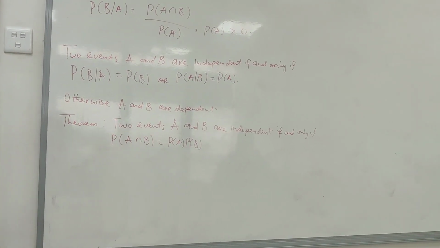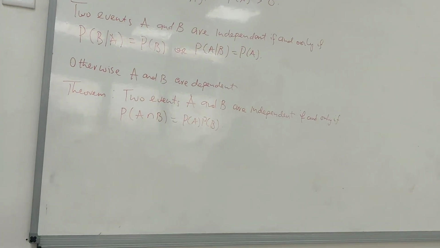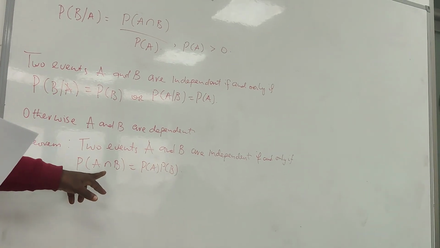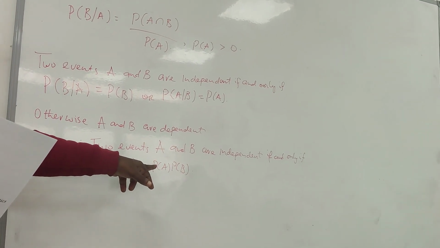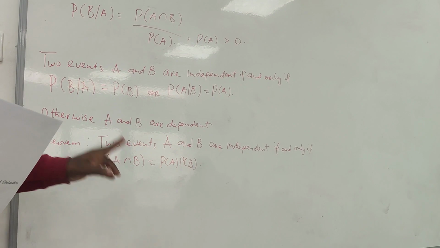Two events are independent if and only if probability of A intersection B is equal to probability of A multiplied by probability of B.